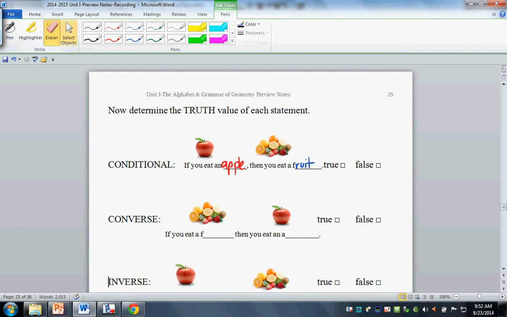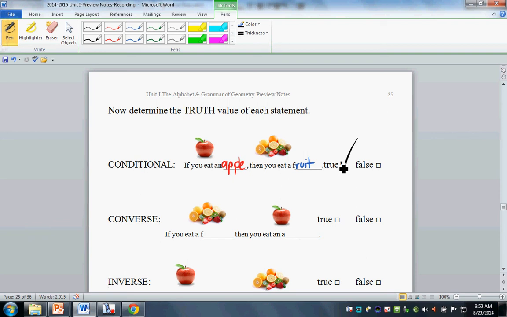Now ask yourself, is that true? If you eat an apple, are you eating a fruit? And of course, the answer is yes, because all apples are fruits. Okay, that's the conditional. Now watch carefully as we do this.